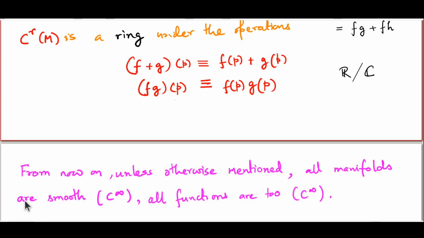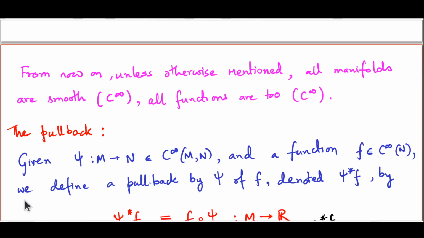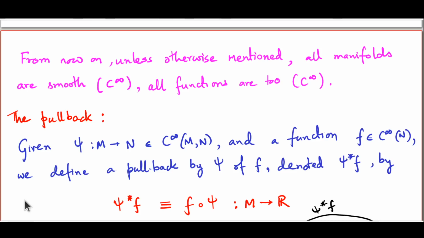So as I have just already used the word, this operation is called the pullback. And the way we formally define it is as follows. Given a map psi, a smooth map between M and N, that is an element of C infinity M, N, and a function f, some arbitrary smooth function on N, a member of C infinity N, we define a pullback by psi of f, which is denoted by this entity psi with a star upstairs acting on f.